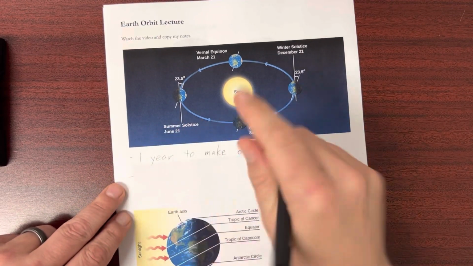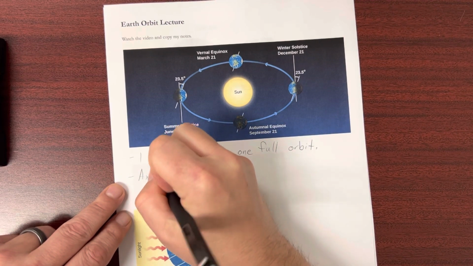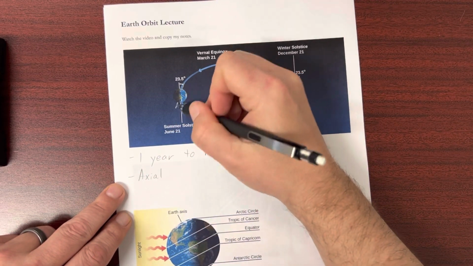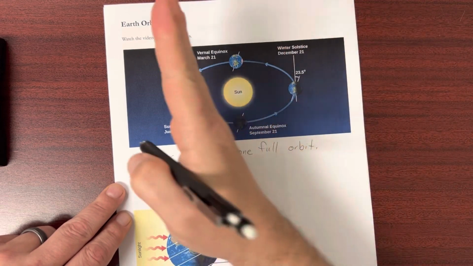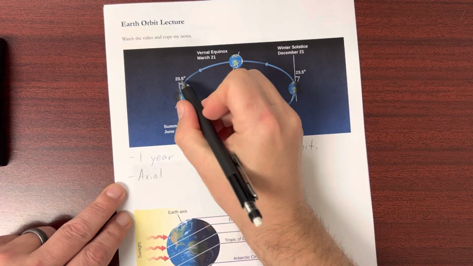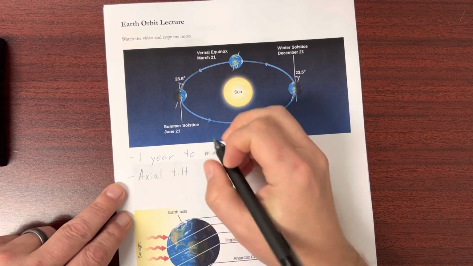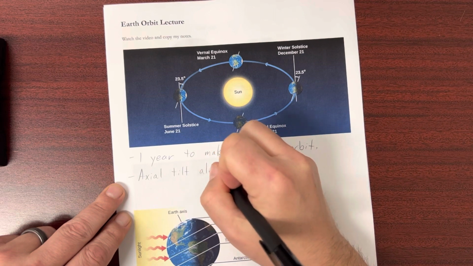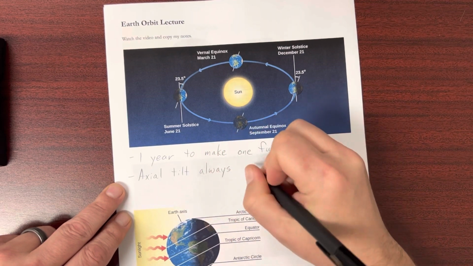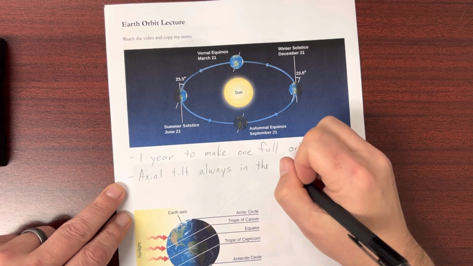What you'll notice about this image too is that we have an axial tilt. That is this tilt that you see here. Earth isn't straight up and down, it's actually tilted a little bit on its side, 23.5 degrees. And that axial tilt is going to point in the same direction throughout that whole orbit.